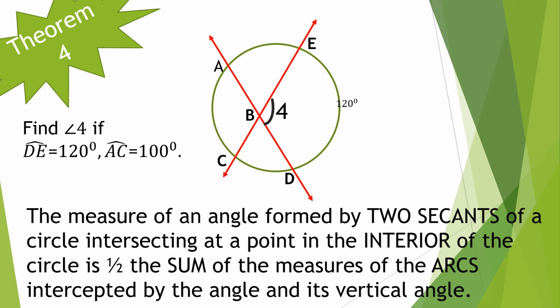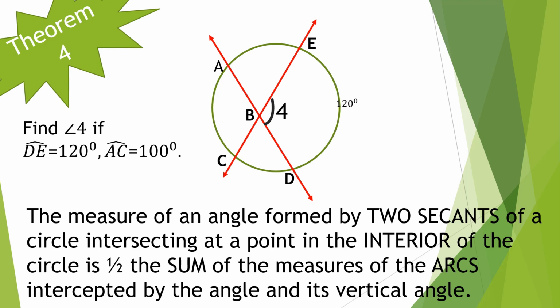And what is the vertical angle of angle 4? The vertical angle of angle 4 is angle ABC, the one here, the angle B. So that is the vertical angle. We get the sum of the two and get the half, that is angle 4.